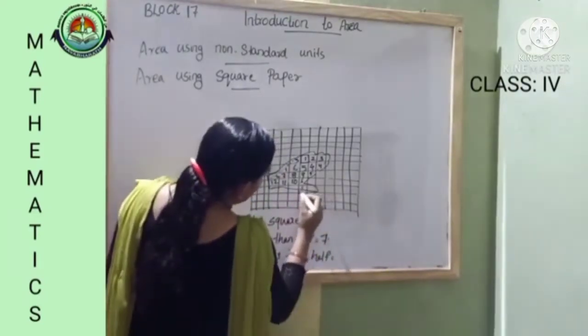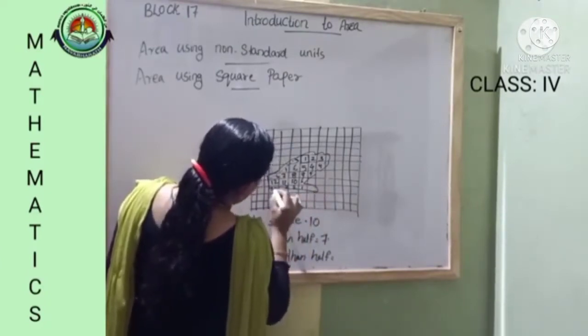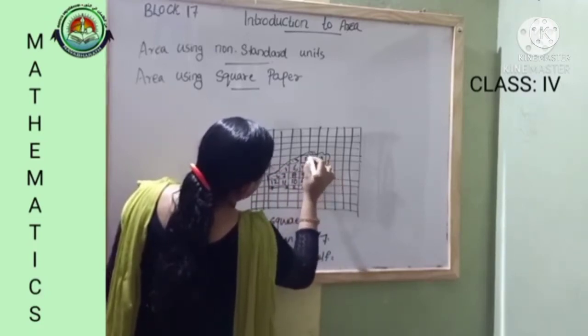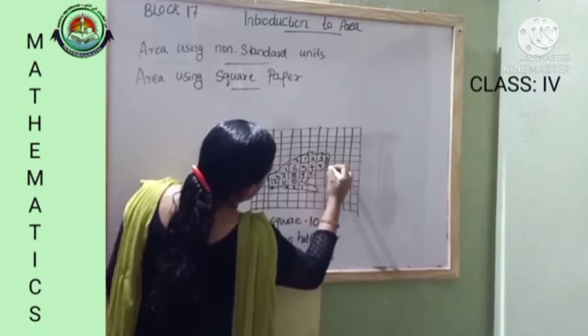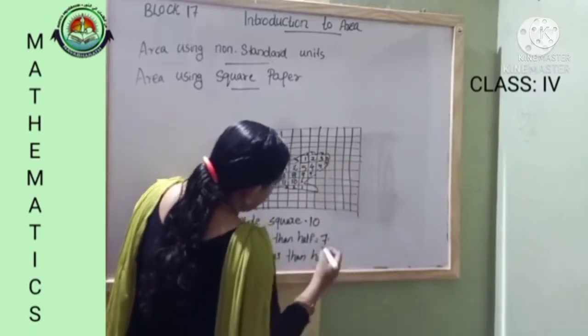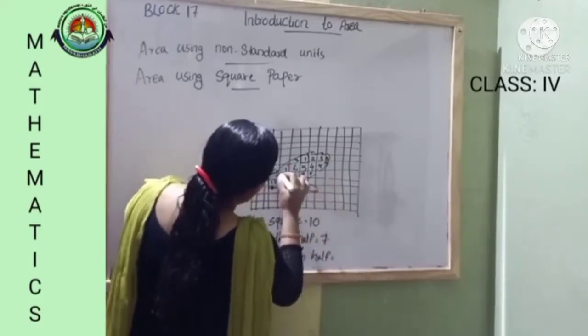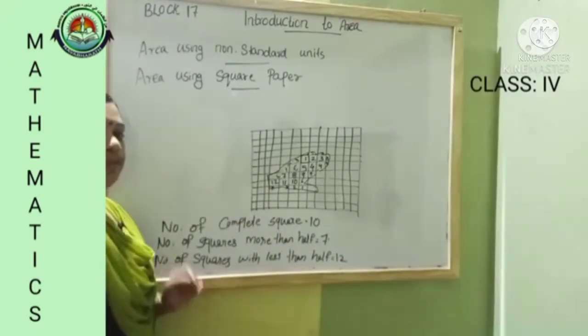Then here 1, 2, 3, 4, 5, 6, 7, 8, 9, 10, 11, 12. Here 12 half squares are there.